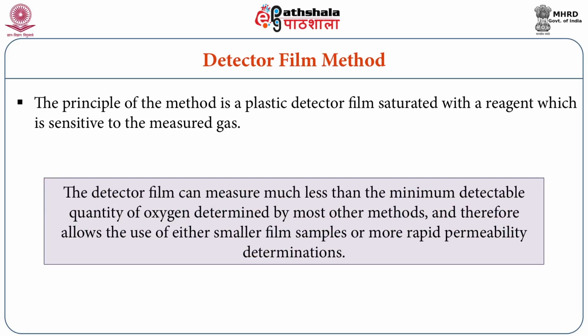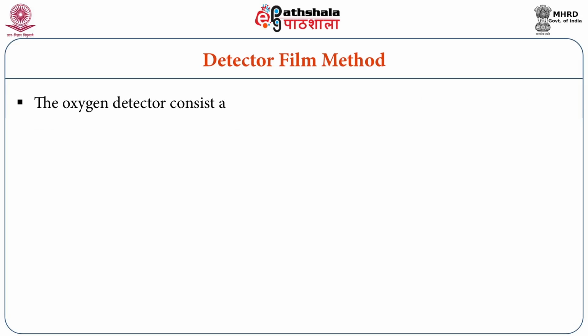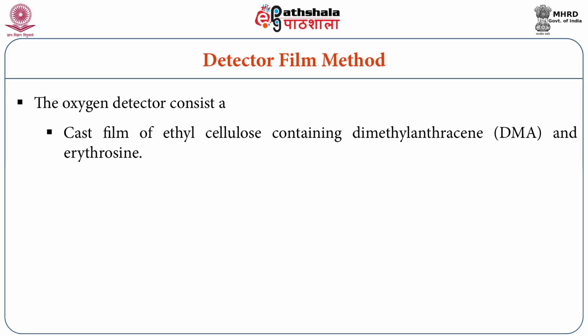The detector film can measure much less than the minimum detectable quantity of oxygen determined by most other methods, and therefore allows the use of either smaller film samples or more rapid permeability determinations. The oxygen detector consists of a cast film of ethyl cellulose containing dimethylanthracene (DMA) and erythrosine.